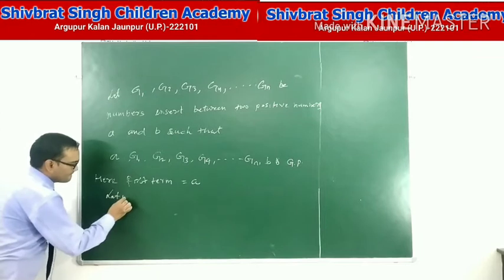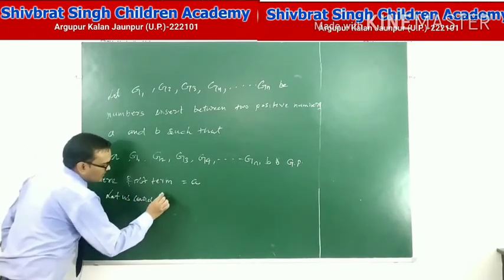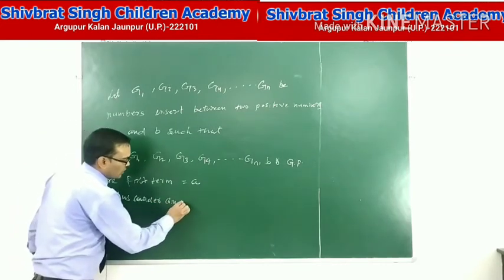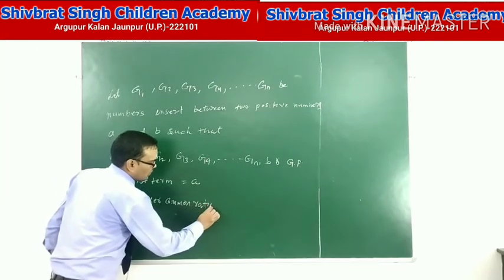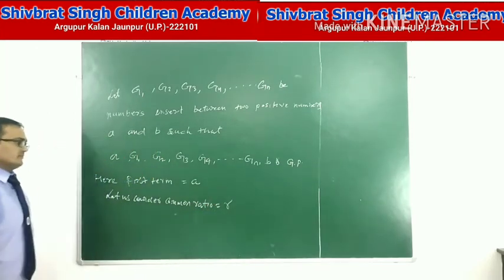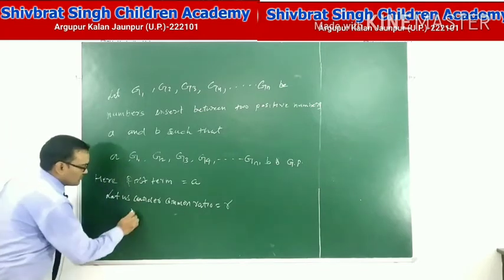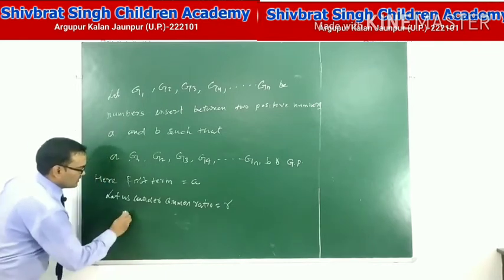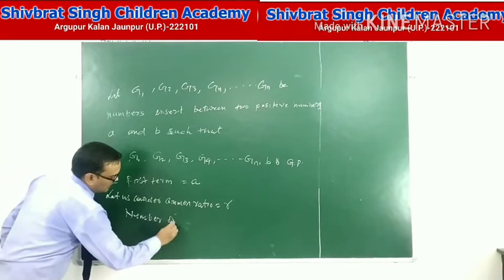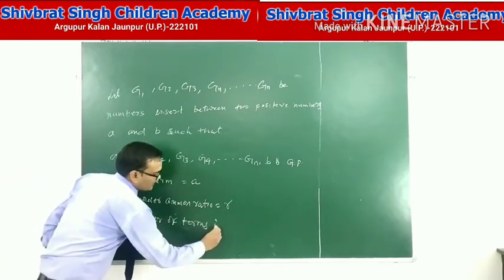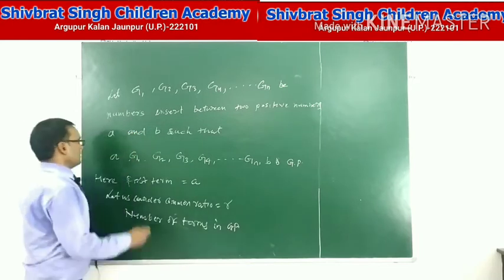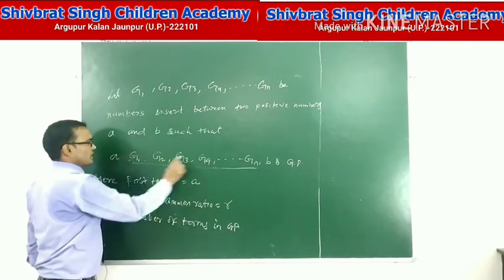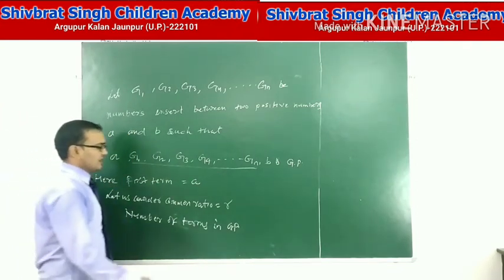Let us consider the common ratio of this GP is r, and the total number of terms in the GP. Here there are n geometric means and a and b, so the total number of terms in this GP is n plus 2.